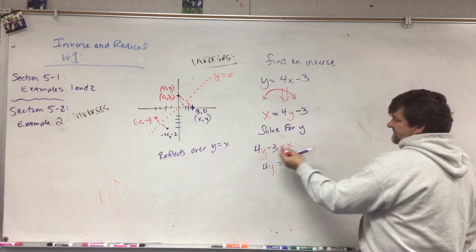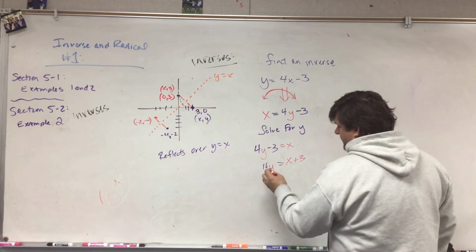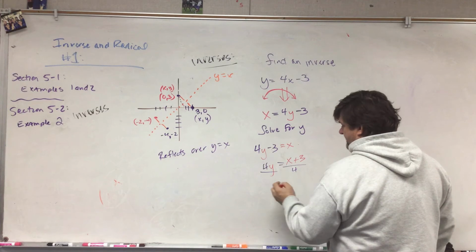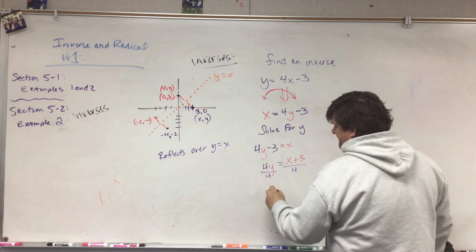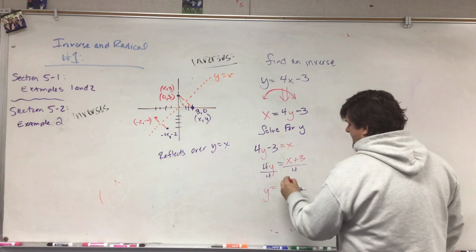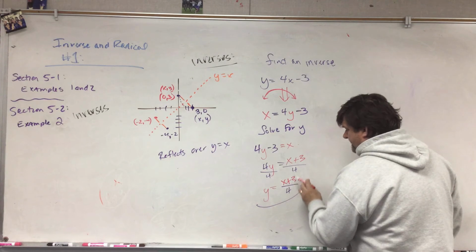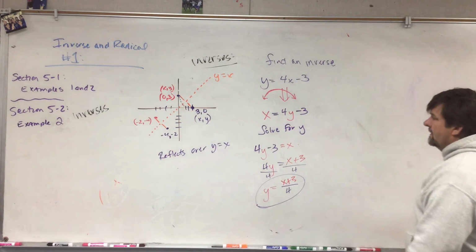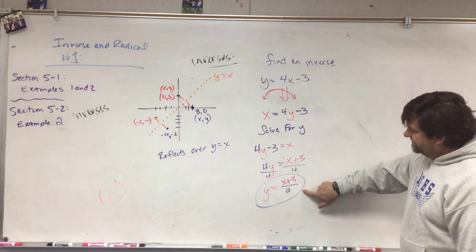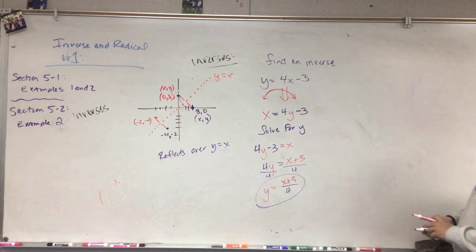Then I divide everything by 4, so that gives me y equals x plus 3 over 4. There we go. y equals x plus 3 over 4 is the inverse of y equals 4x minus 3.